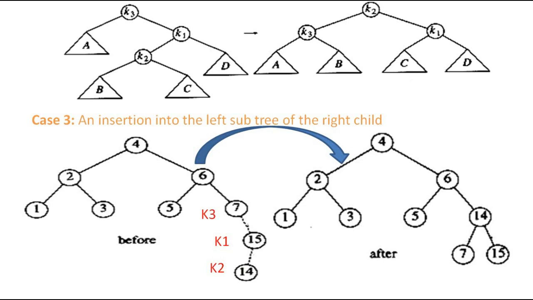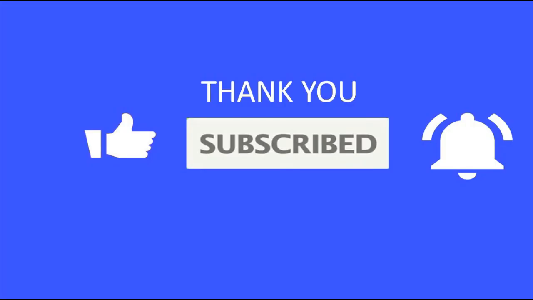So how can the rotation be performed? So we have to compare with the right left rotation. So how the imbalance can be rectified, which is present in the right side. We have to rearrange K2 as the root node and K3 is the left node and K1 is the right node. Now we check the balance factor. Everything is okay now.